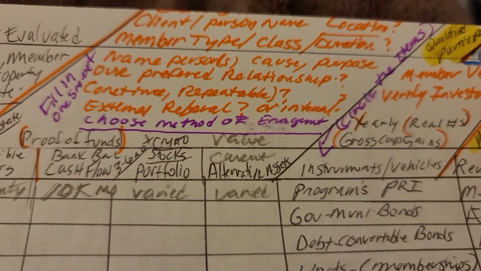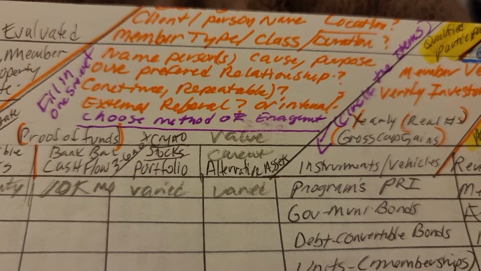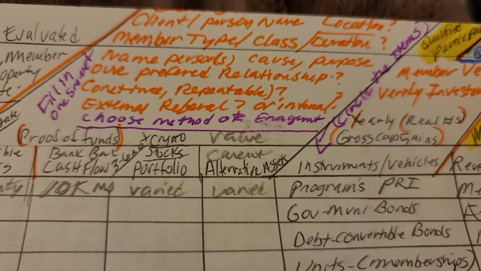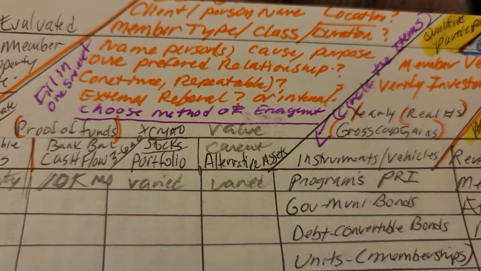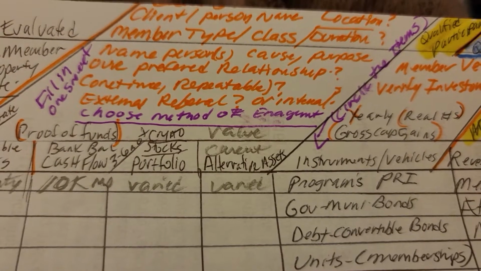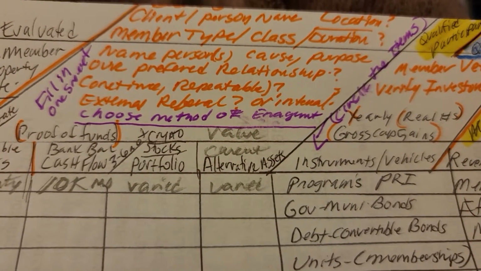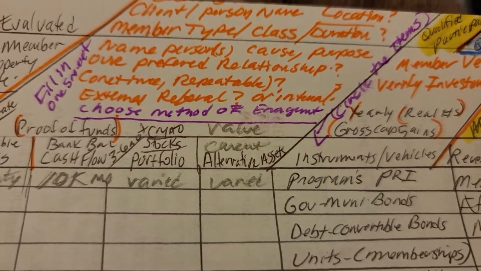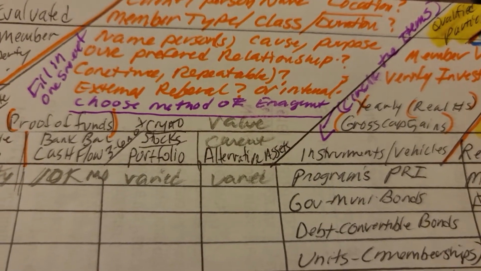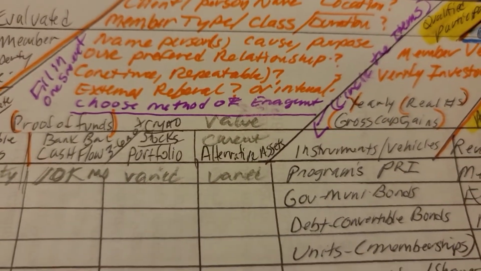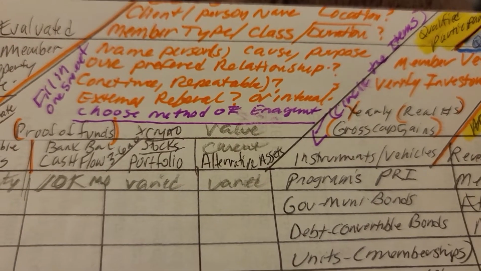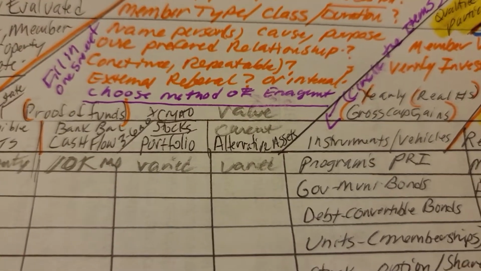We go through and identify the people, the main parties, the fiduciary responsible ones, the cause or purpose, if there is one, location and duration. And then we do what we want to see, like our preferred relationship with them, how we want to see it develop out.